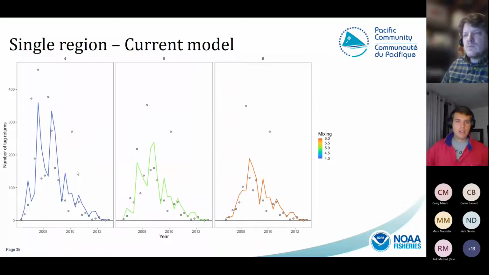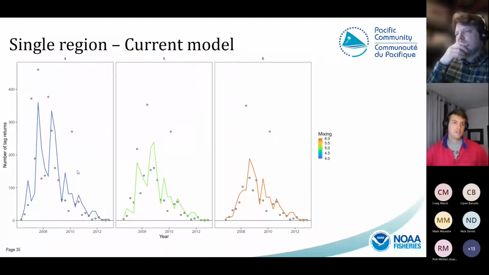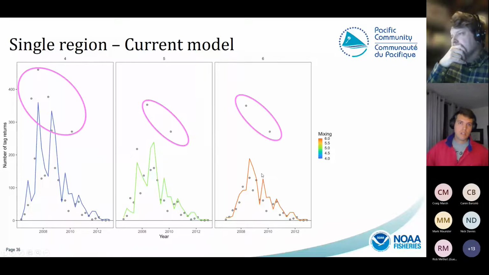Again, looking at the aggregate fits for each of the different mixing periods. So mixing period of 4, mixing period of 5, mixing period of 6. There's a pattern that emerges at these really high observations of tags. The model just, it's not getting there.